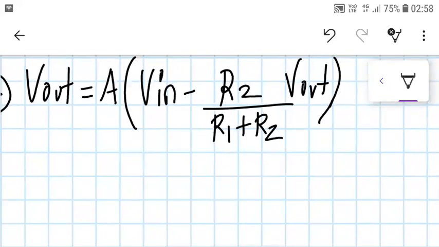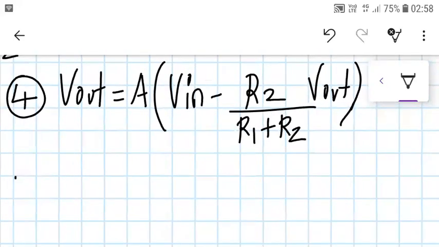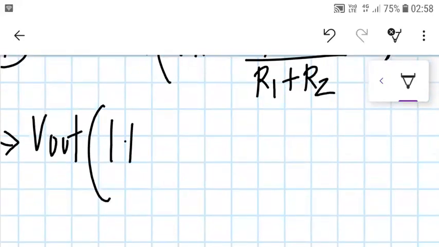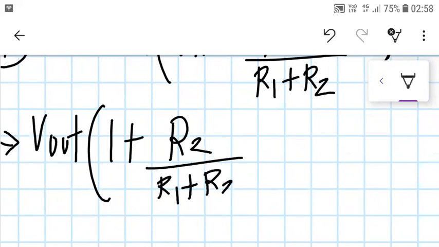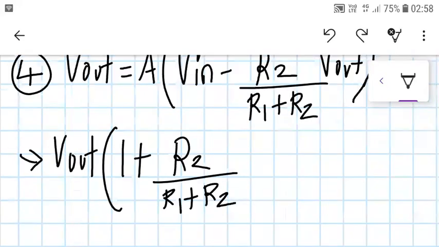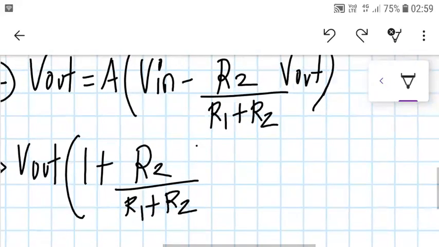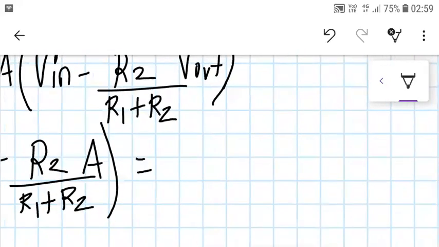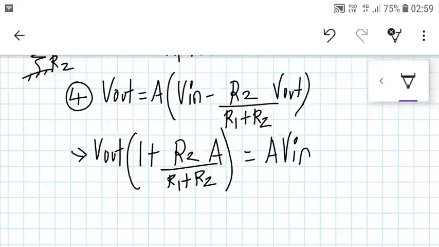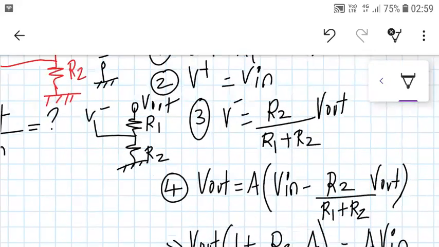Now we'll collect the terms for V out together. So V out into 1 plus A times R2 upon R1 plus R2 is equal to A times V in. Are we closer to our result? Do we have some relation between V out and V in?